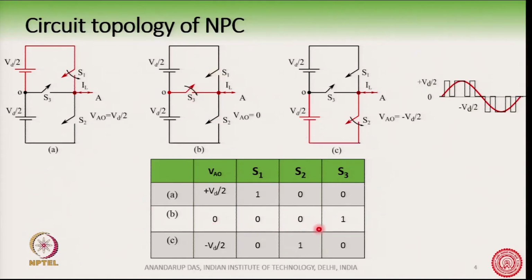So, this is what is shown here, and in that case, if the midpoint voltage is at 0, then I get a 0 voltage at point O. So, therefore, 3 levels of voltages plus Vd by 2, 0 and minus Vd by 2 are possible at the pole voltage. So, VAO or VA, the A point voltage, we can say it is a pole voltage. So, VAO can be 0, Vd by 2 or minus Vd by 2.